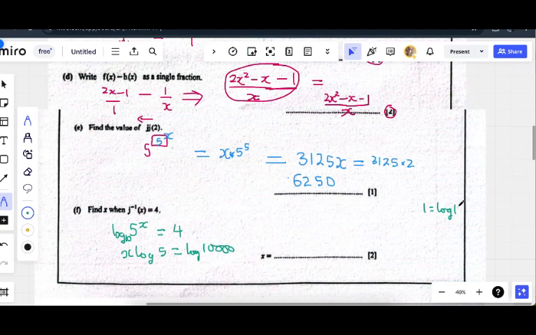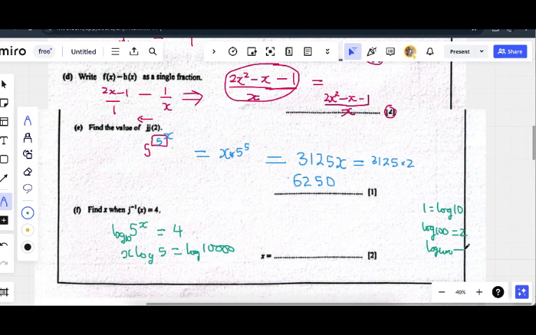Log 10, they are all naturally in base 10. Log 10 is 1. Log 100 is 2. Press your calculator, press log 100, you get 2. Log 1000 is equal to 3.